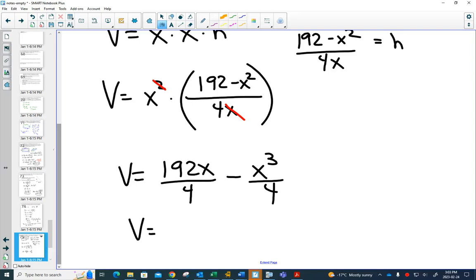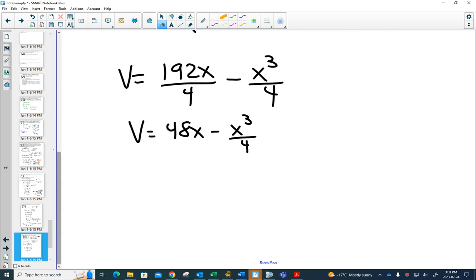Which simplifies even further to 48x minus x cubed over 4. So the volume has to be a maximum, was part of this question.